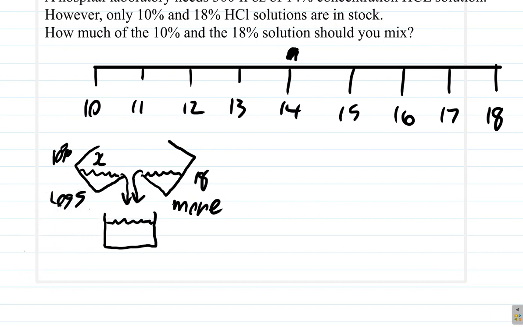So it will seem as if half of the resulting solution will be the 10%, and half will be the 18%, because you're mixing them half and half. It seems as if half of the 300, or 150 ounces of 10% and 150 ounces of 18%, will be needed. Let's do the calculation and see.